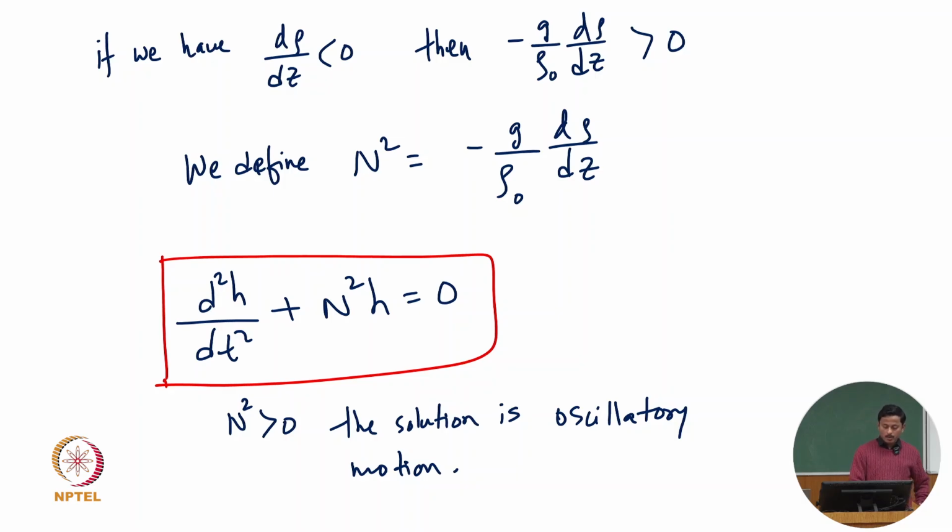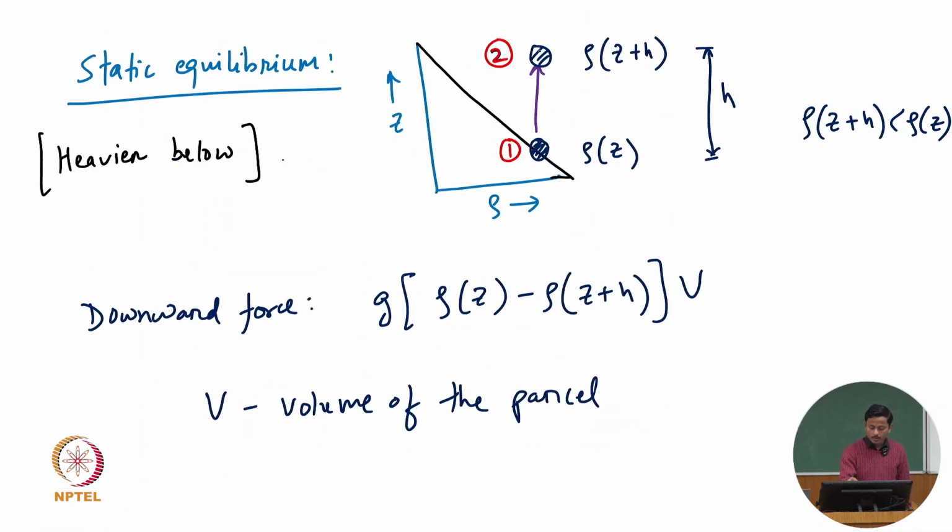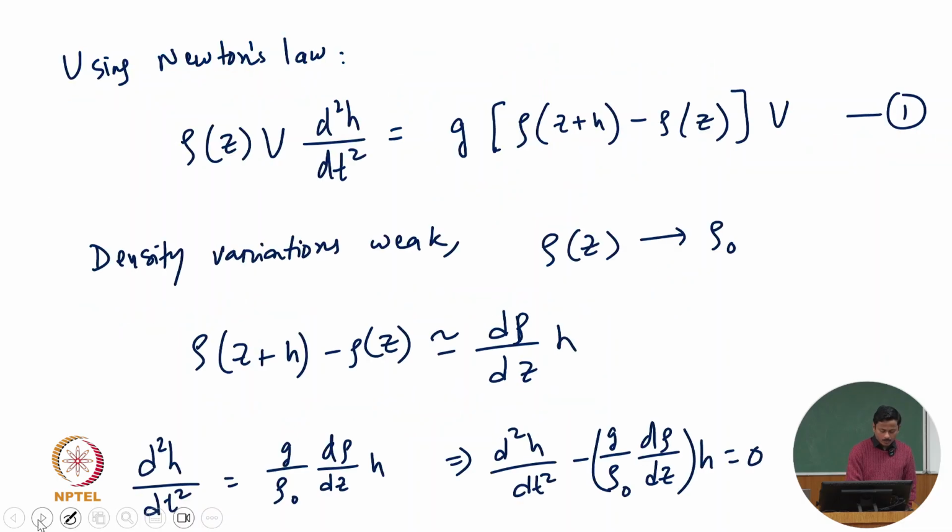If you take a fluid parcel from its position to location z plus h and you leave it, it is heavier, so it falls down, attains a vertical velocity, and goes further down up to a certain depth, where it finds itself lighter.